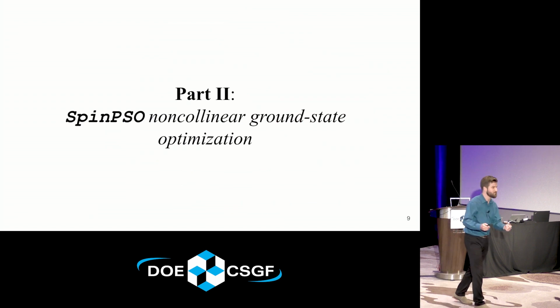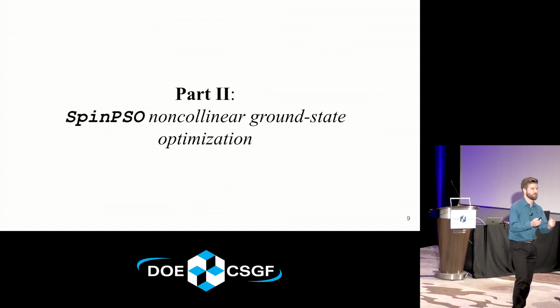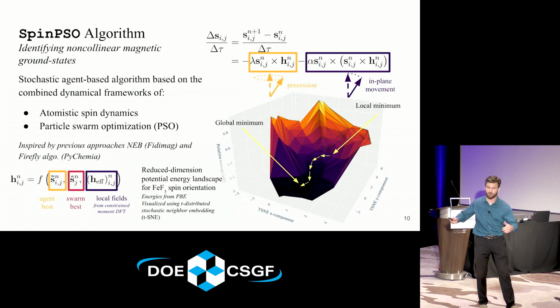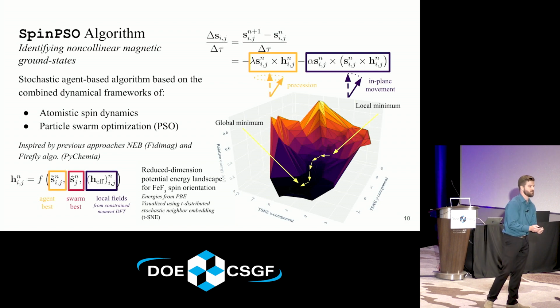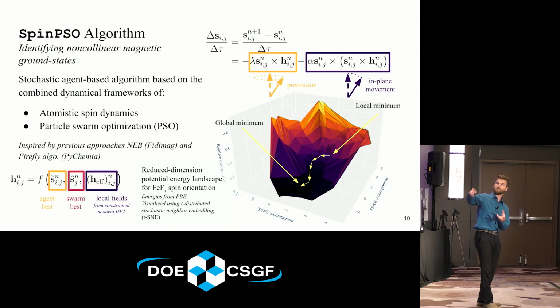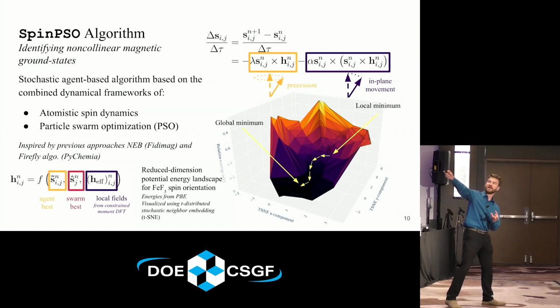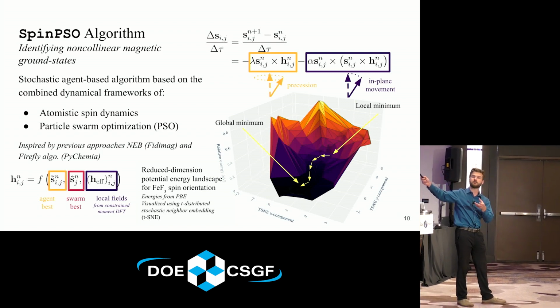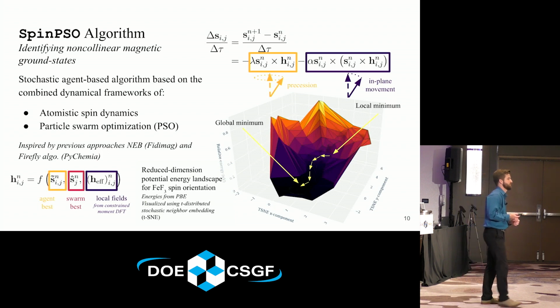So I've talked a little bit about improving local convergence with this new exchange correlation functional. Now I'd like to talk about global convergence. We've actually developed a hybrid algorithm, in an open source workflow that calls DFT under the hood, that incorporates physically inspired atomistic spin dynamics with particle swarm optimization.